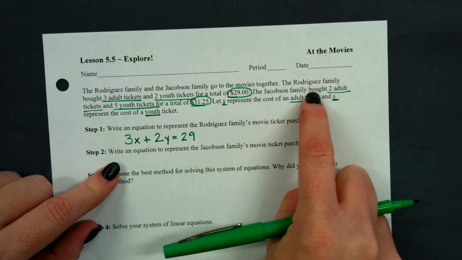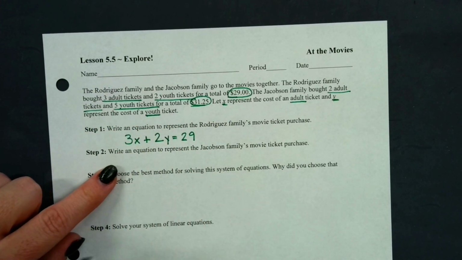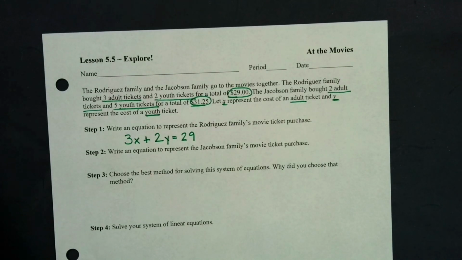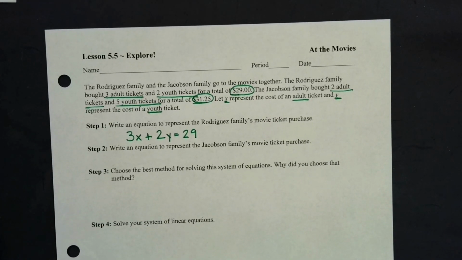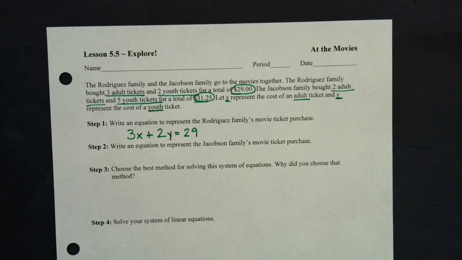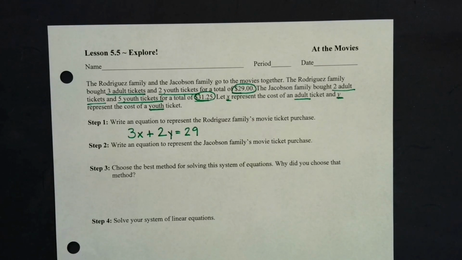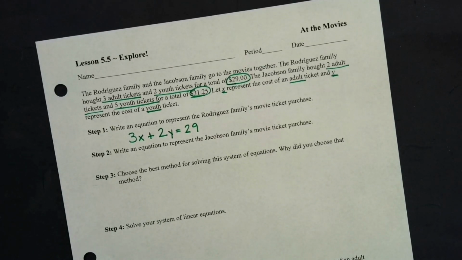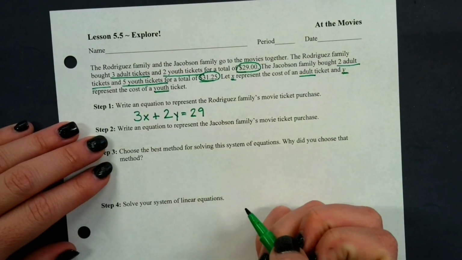Read through, here's our Jacobson family. 2 adult tickets, 5 youth tickets for $31.25. Who's got an idea for me for the Jacobson family? What equation could I write?